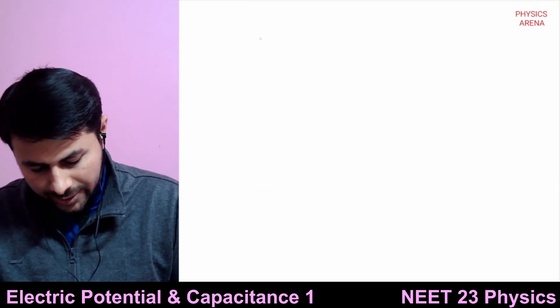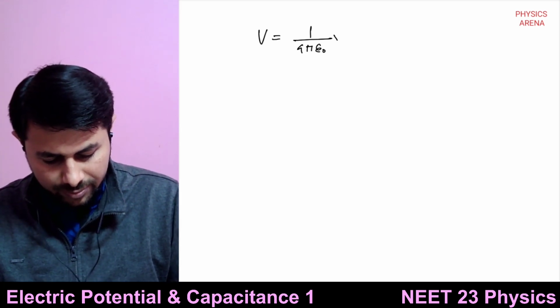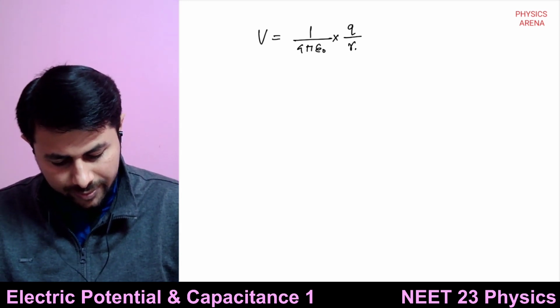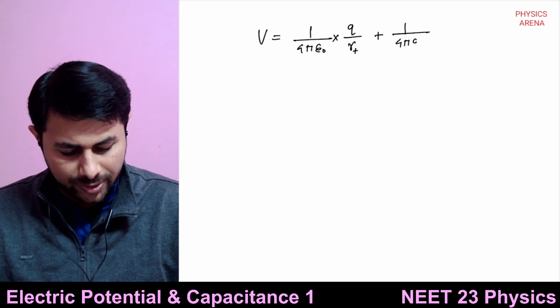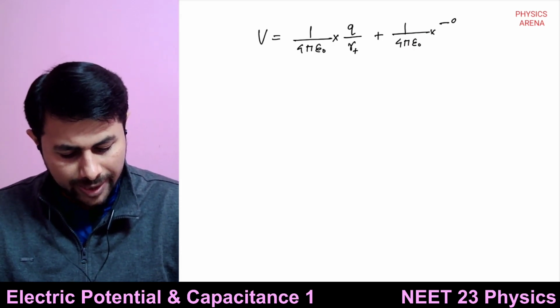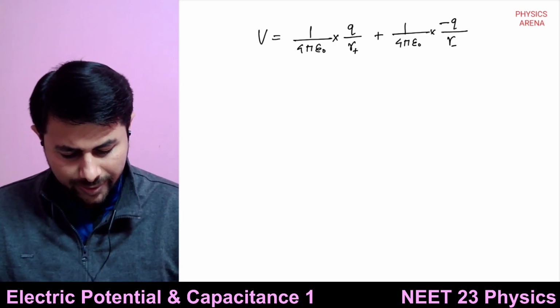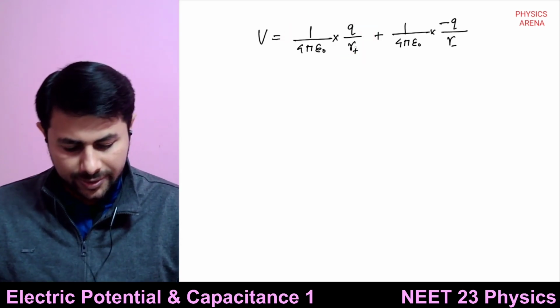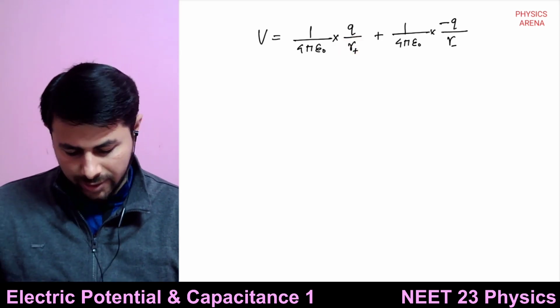So V equals 1 upon 4 pi epsilon naught multiplied by plus Q upon R plus, plus 1 upon 4 pi epsilon naught multiplied by minus Q divided by R minus. This is just the formula for the electric potential due to a charge, and these are the distances R plus and R minus.